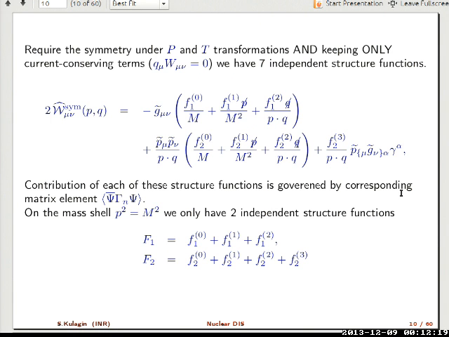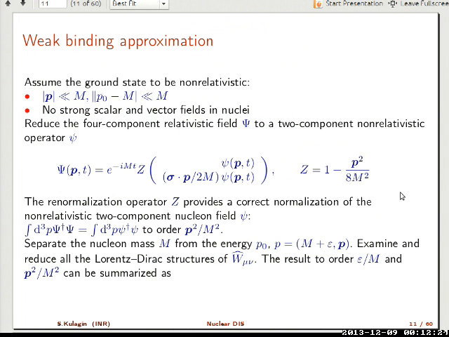But in the off shell region we have to do something with this. In general it's somewhat complicated unless we do some modeling and separate some Dirac structures and work with them.